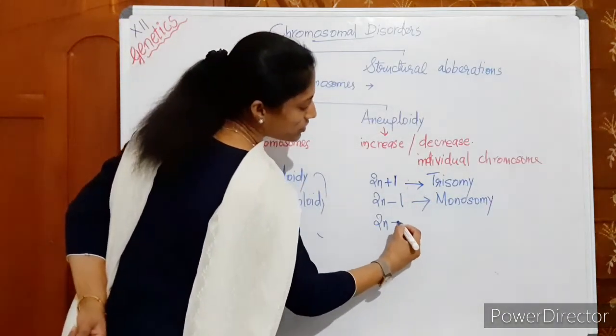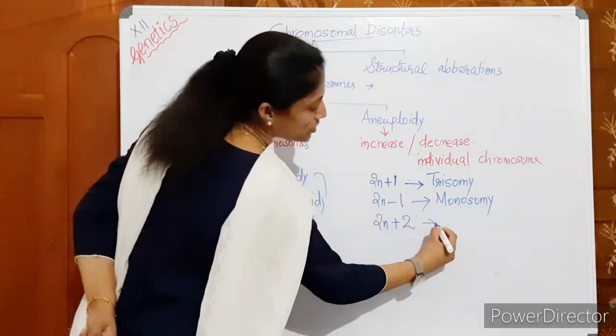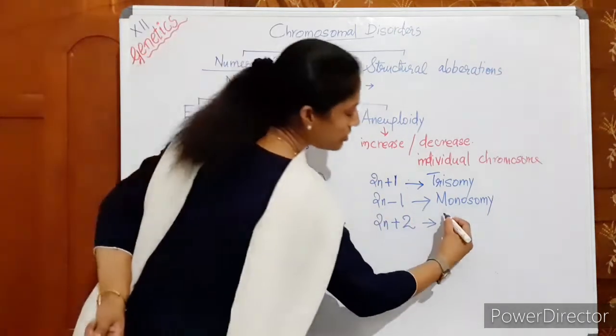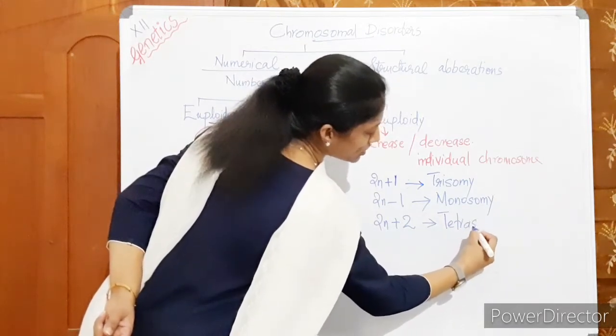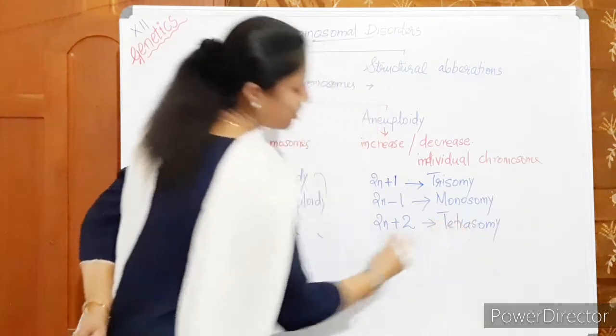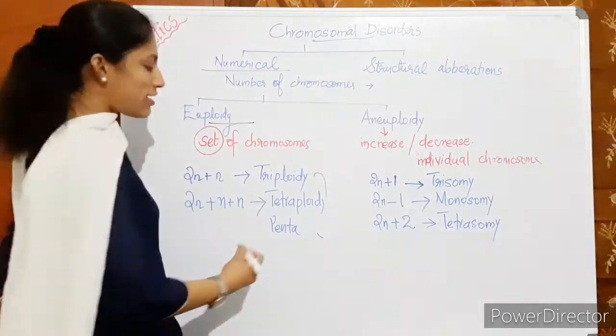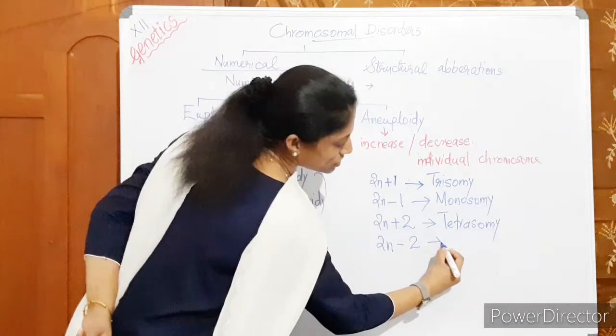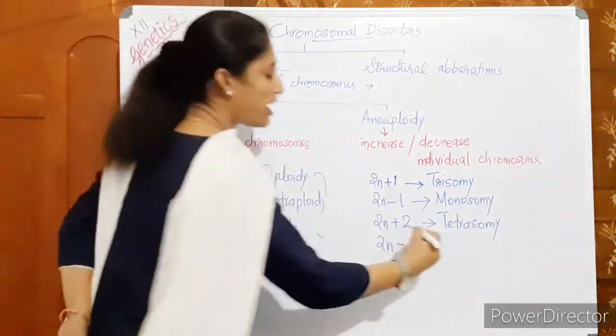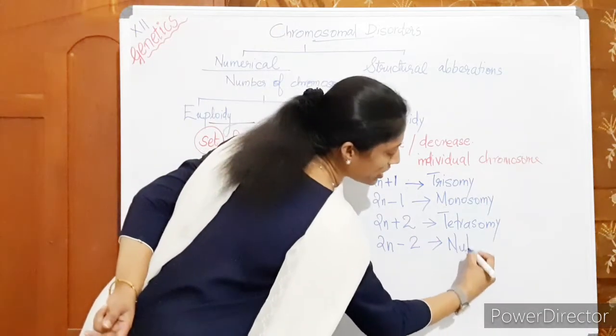If there are two chromosomes extra added to the diploid set, the next one is tetrasomy. 2n plus 2 is tetrasomy, and 2n minus 2, if two chromosomes are lost, that is called nullisomy. Likewise, how many cases are there?